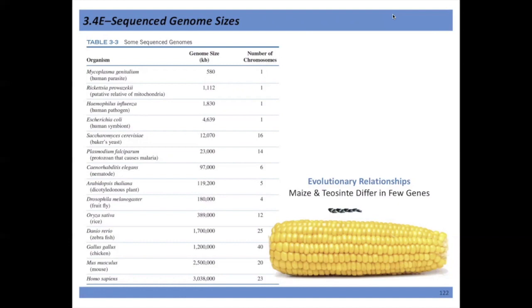So they can sequence entire genomes using these methods. And they've done it for humans. And you can see that that is 3 billion base pairs. That's a lot of information there, and it took them a long time to do it.